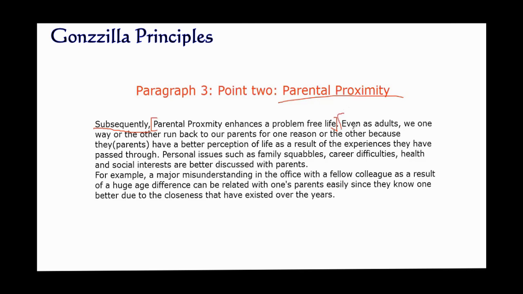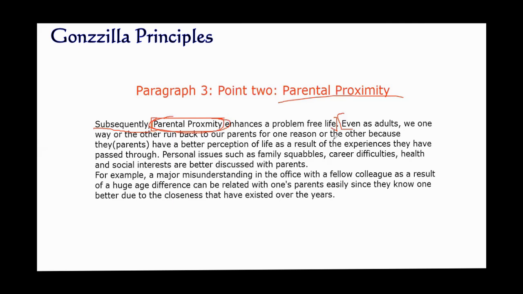So to start off my second sentence in my third paragraph, I have to hinge on something. What I hinged on was parental proximity. That is the phrase I hinged on, so in my second sentence, I hinged on the words parental proximity to create it.